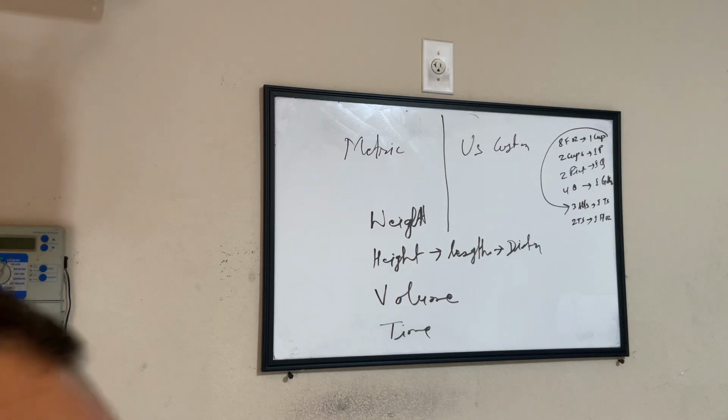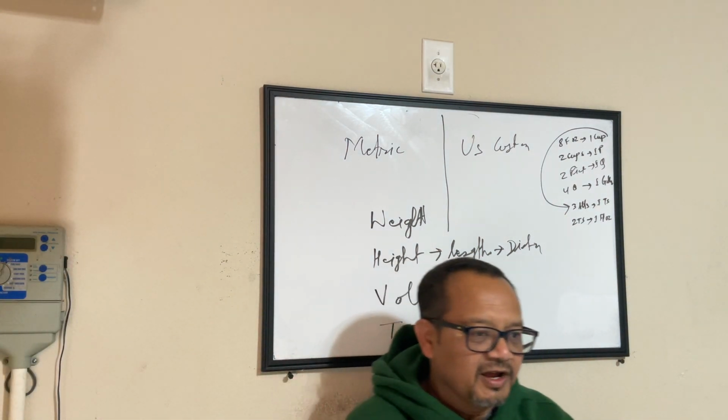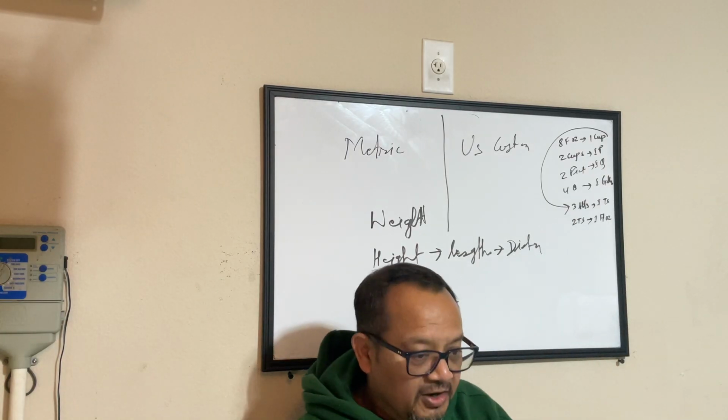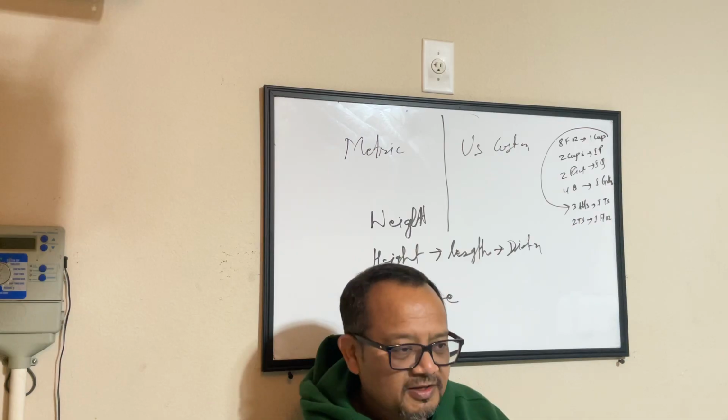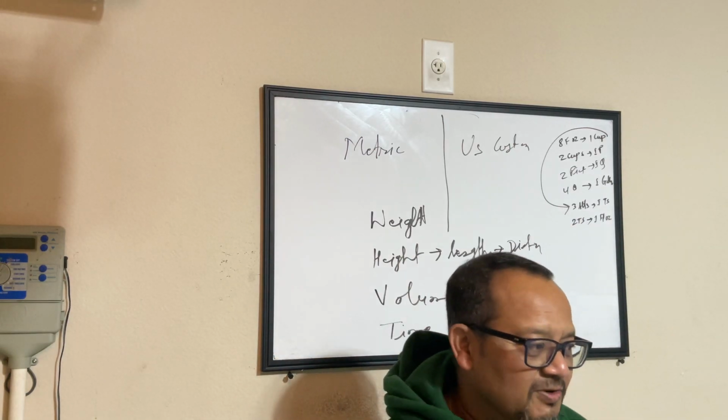Close the door. Sorry, there was a little bit of interruption. Pranit has joined online today, so he was the only one who was supposed to be in the classroom.